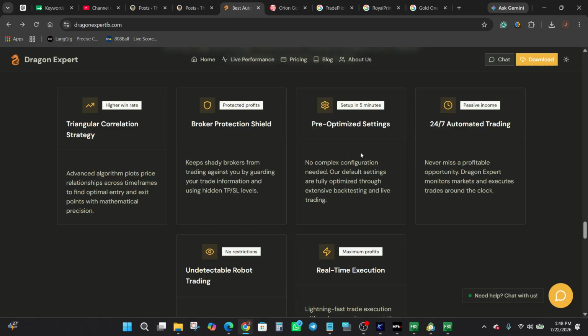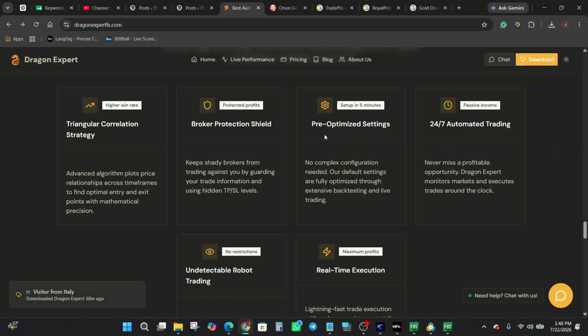Concerning the pre-optimized settings, the EA comes pre-configured, allowing users to run default settings without extensive manual adjustment. And there is also a claim for 24/7 automated trading, saying that it monitors price action around the clock across global market sessions, utilizing execution algorithms designed to mimic natural manual trading patterns.